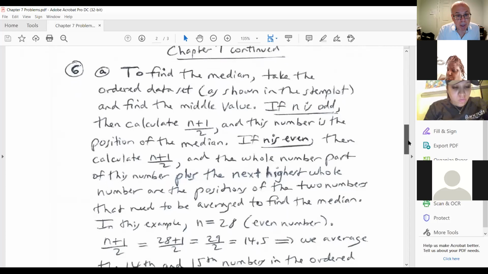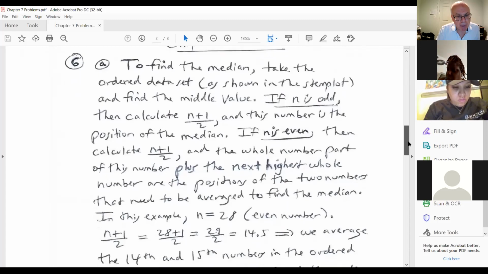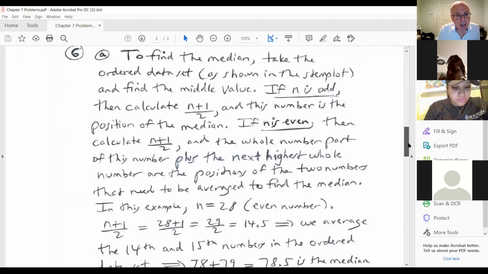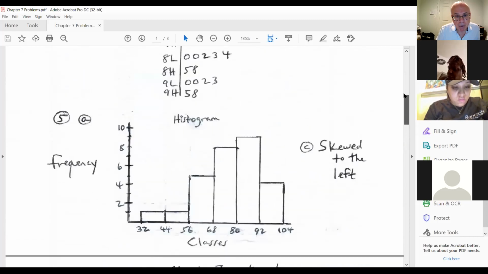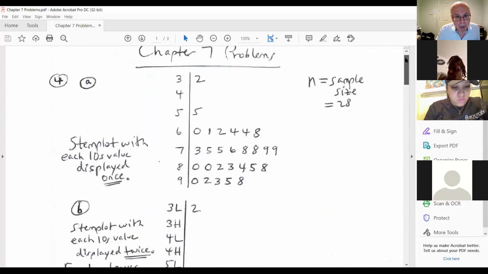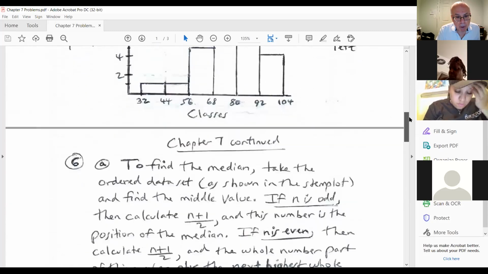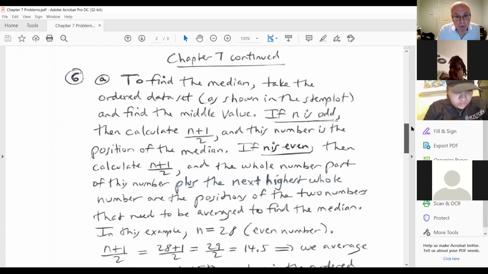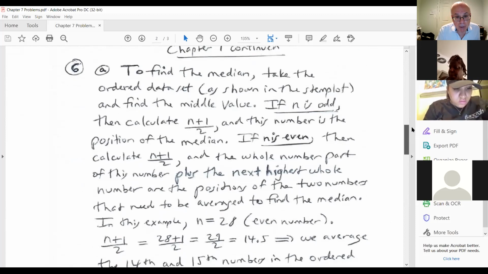All right, and then I explained, I think we did this last time. I think maybe I even stopped right here. To find the median, we take the ordered data set. Now remember, as a stem plot, it's already ordered for you, right? And we find the middle value. That's the median.